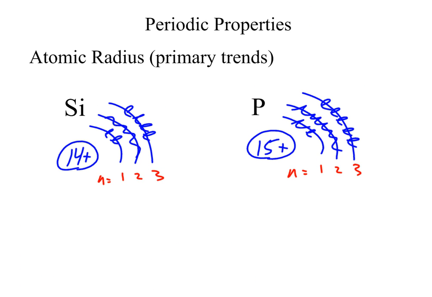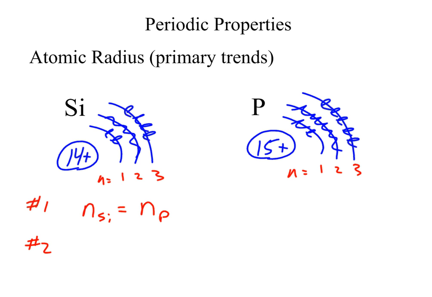So obviously, the n for the valence shell on silicon is equal to the n for the valence shell on phosphorus. So there's number 1 taken care of.